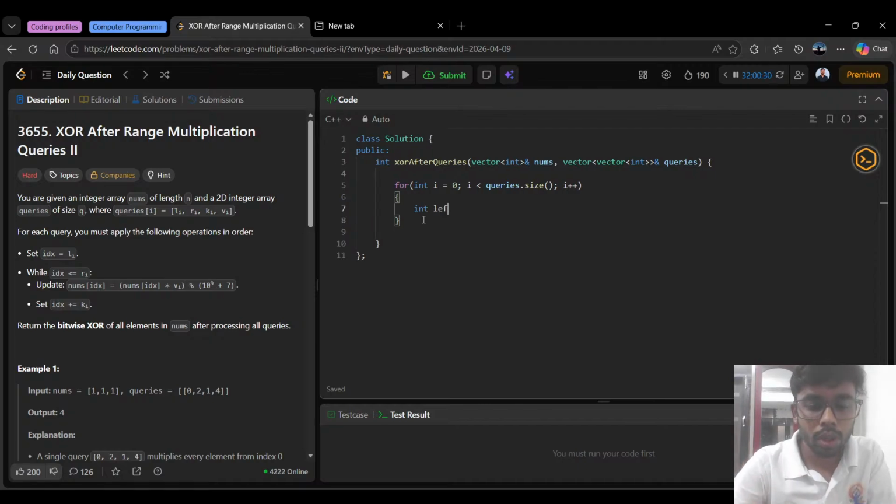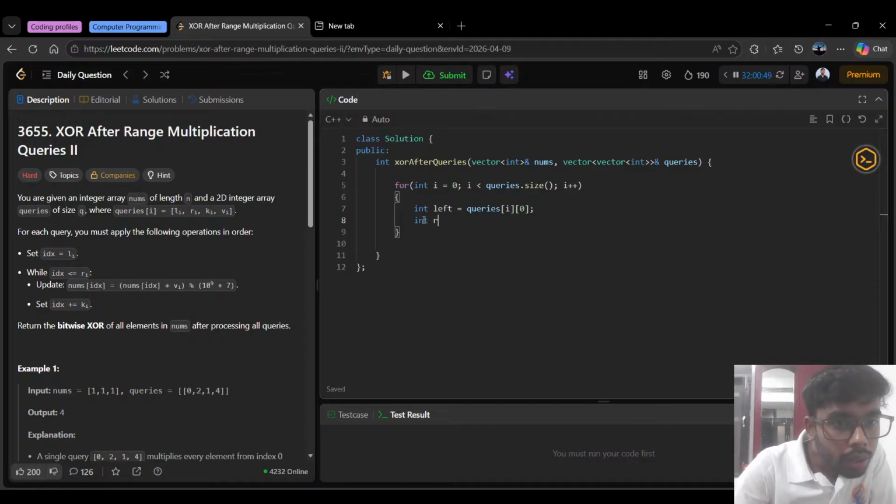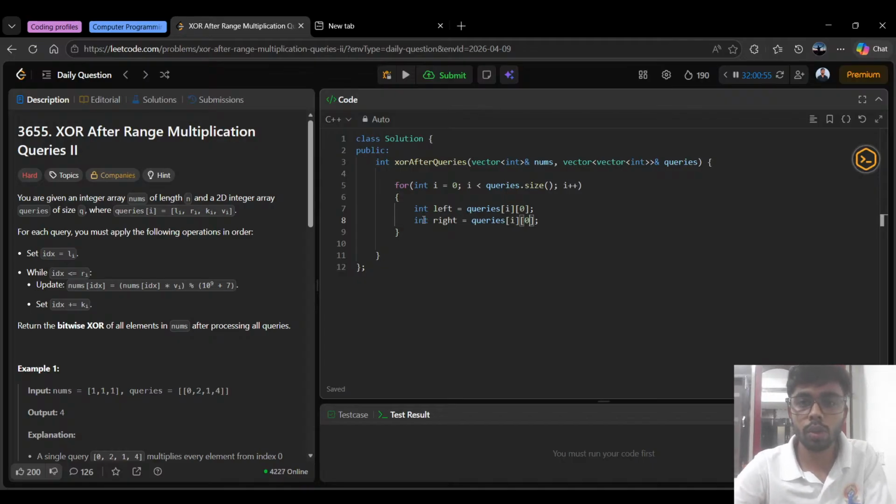Int left is equal to queries[i][0]. Then right is equal to queries[i][1]. Then int k is the third element, queries[i][2], and then int value is queries[i][3].